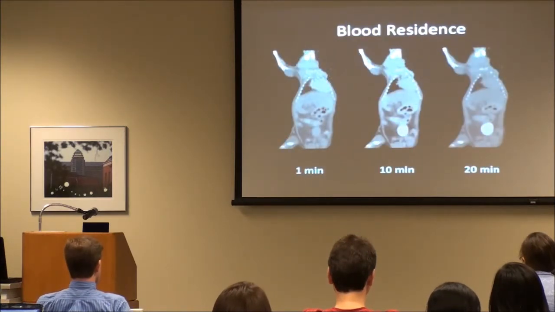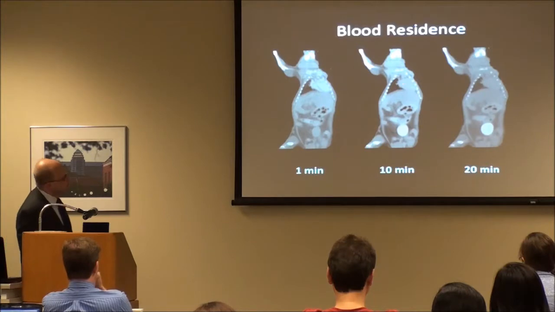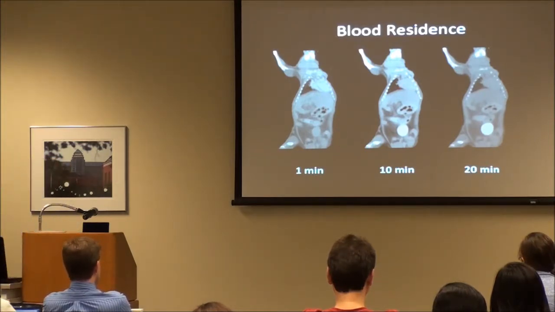The problem was with the blood residence time. One minute after injection was still kind of good residence of those nanoparticles. However, after 10 or 20 minutes, it was almost impossible to distinguish any structures in the heart.